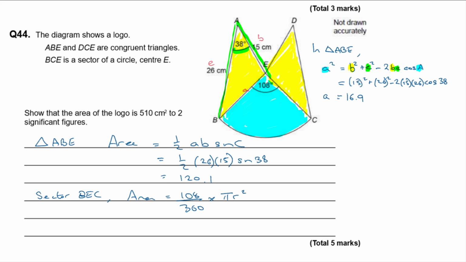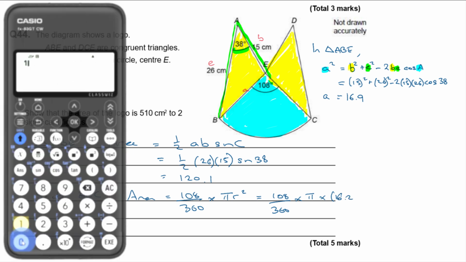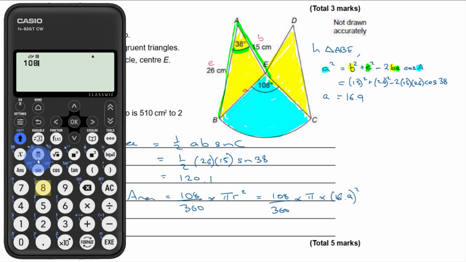So now I can come back to my area formula and say that that's 108 over 360 times pi times 16.9 squared. It's still in my calculator, so I'm just going to use that same value.